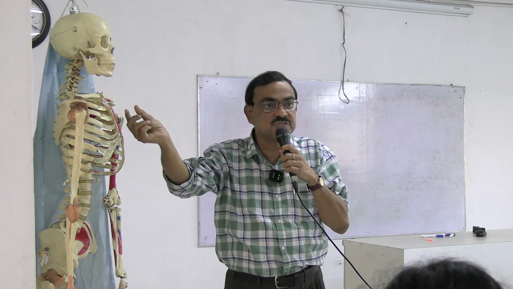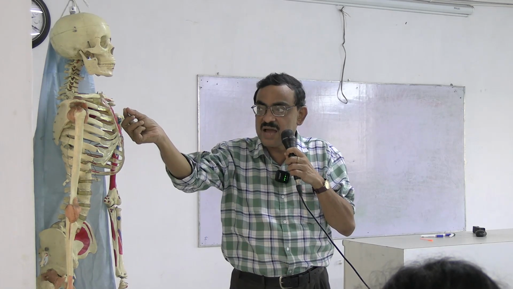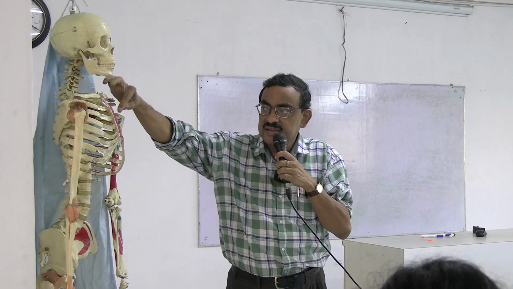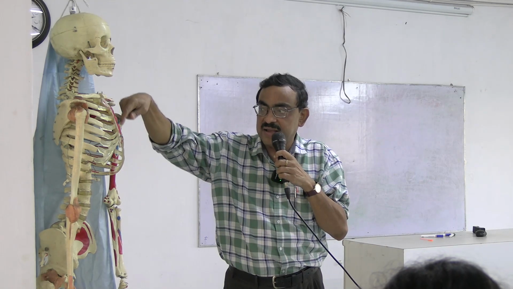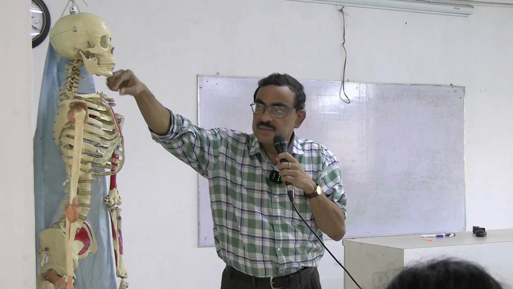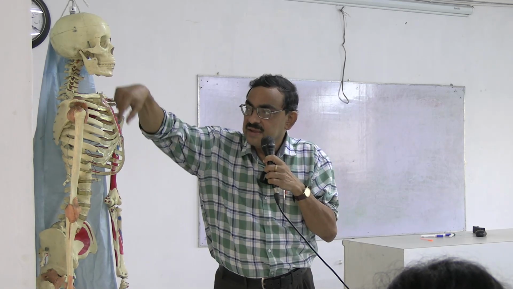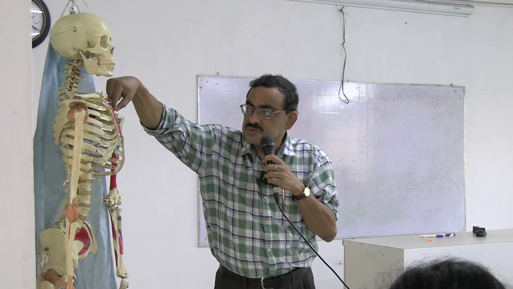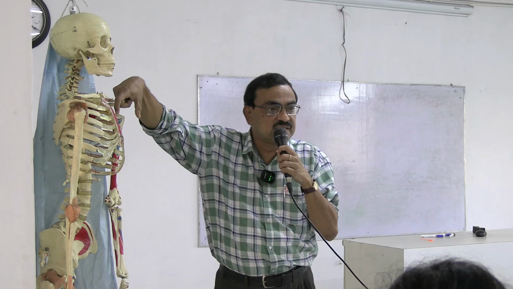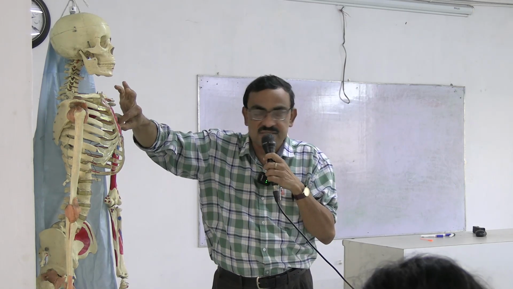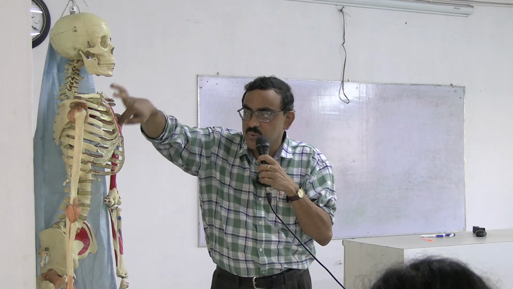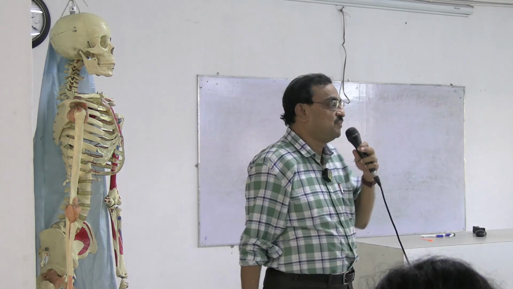That fascia is attached to the anterior and posterior lips, and it goes down, then splits and covers the pectoralis minor. Then it joins again and continues towards the axilla.